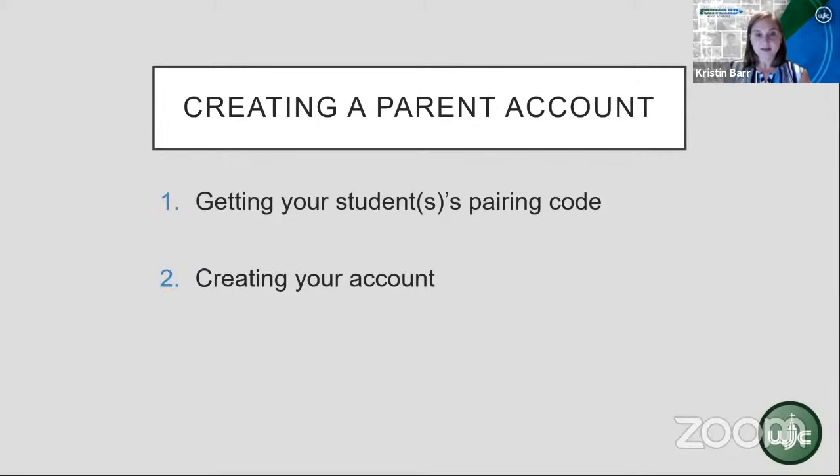You could have access for parents, step-parents, grandparents, guardians, anyone who's going to be helping that student with their learning experiences during the school year. All of the codes will be active at the same time, and they can be used within a week of being created. So let's take a look now at getting that code and creating your account.